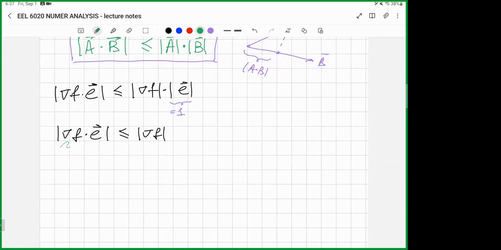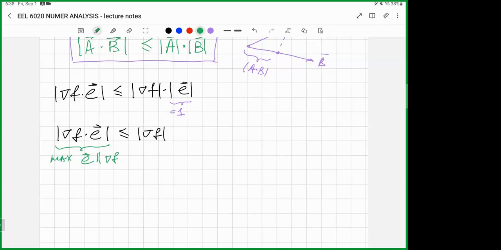And the important point here is that the maximal change of this modulus on the left is maximal when this unit vector points collinear with the gradient, when they are co-directed, when they point in the same direction.